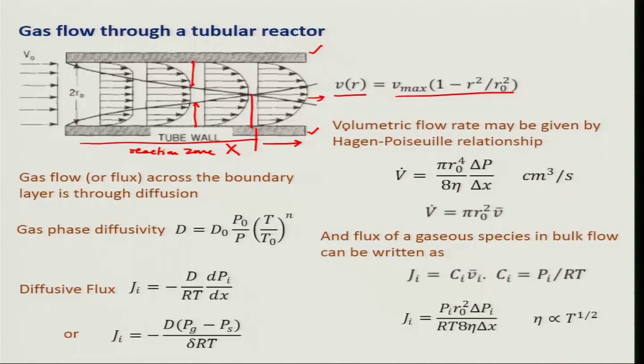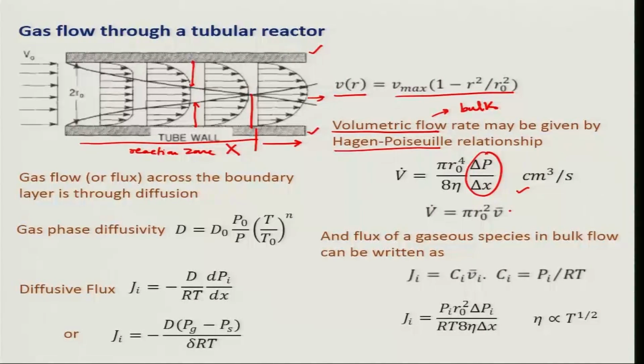Now, for volumetric flow or bulk flow away from the boundary layer, the volumetric flow rate is given by the Hagen-Poiseuille relationship, which is shown here, and which depends on the pressure gradient.